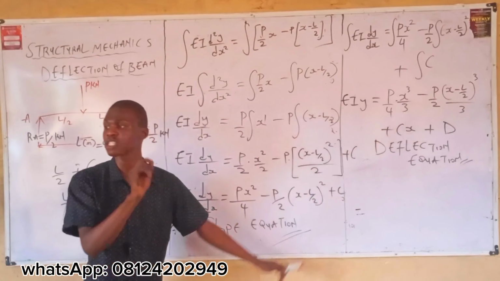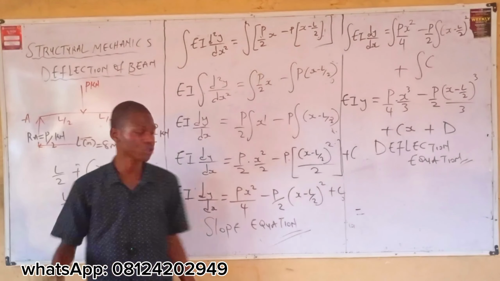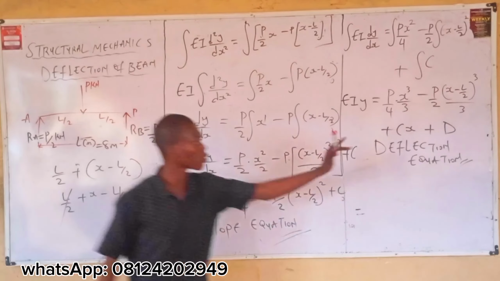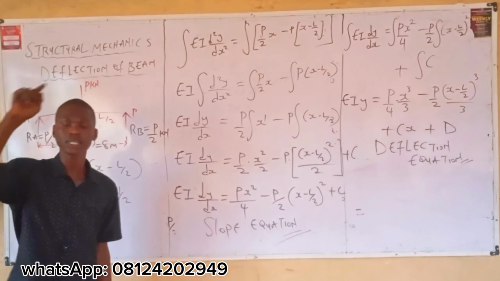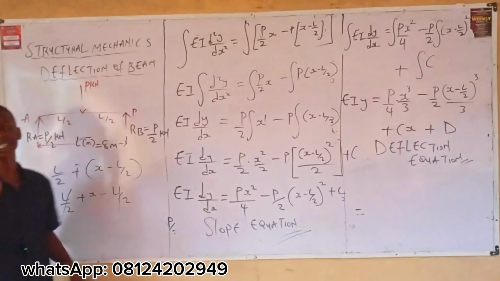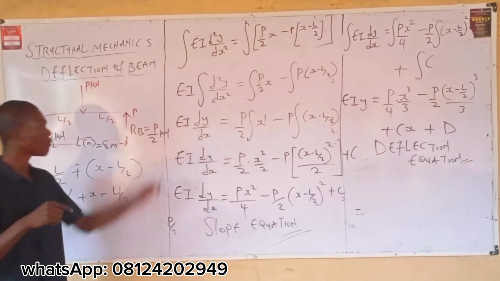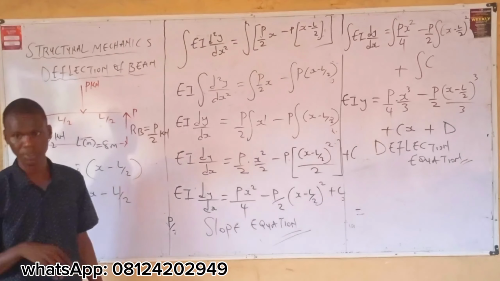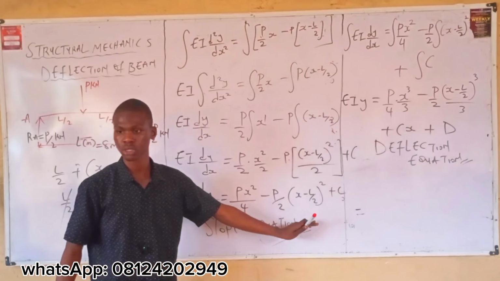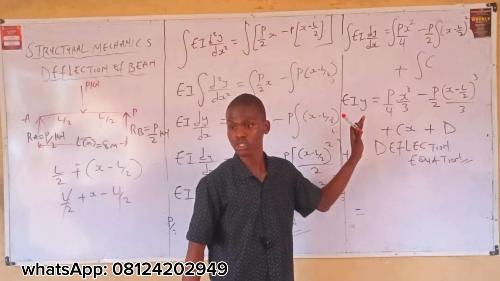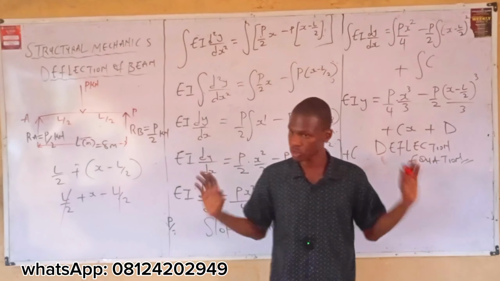Meaning that at any length where you have to find slope for this beam, you substitute that particular value into the slope equation. Likewise, the deflection equation. Let's say the question says find the slope of this beam at 6 meters. What are you going to do? You just put x equals 6 in this slope equation. What if it is deflection? x equals 6 in this deflection equation, and that is how it works.